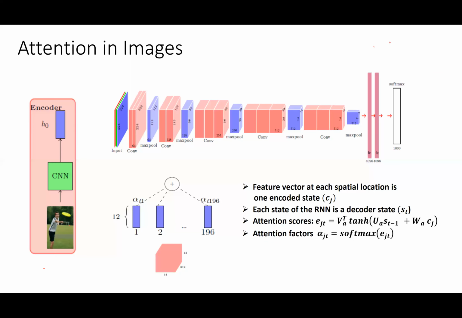Assume the image is 512 cross 512, but after a sequence of convolutions and subsampling, I may get a feature map dimension of 14 cross 14, and there are 512 feature maps. So each location in 512 cross 14 cross 14 relates to some region in the image, and similarly another one relates to another region in the image.